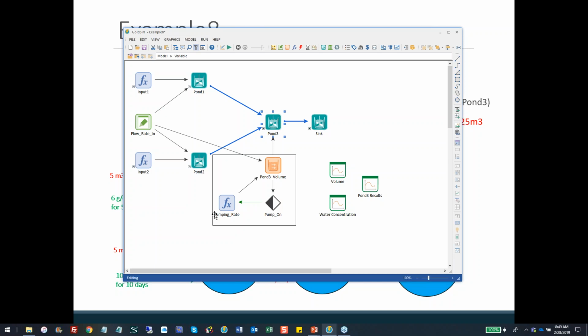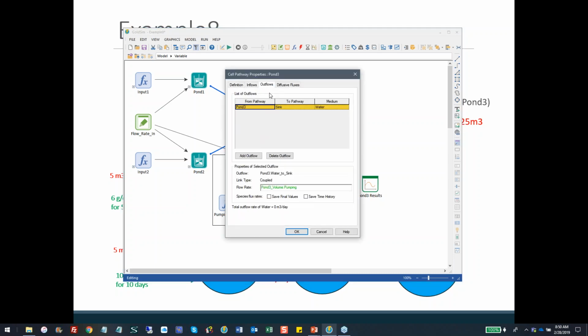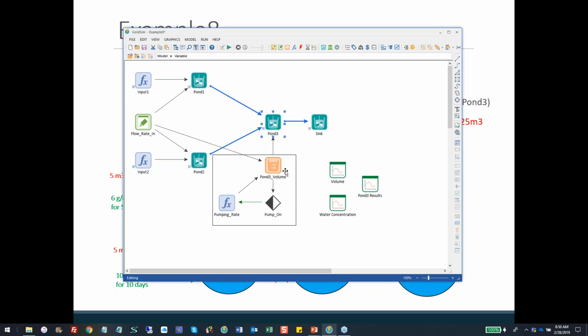The whole purpose of this part of the model is to calculate the pond volume and to also calculate the outflow rate, how much I'm pumping, right? So this guy's got two inputs that are coming from the flow model.